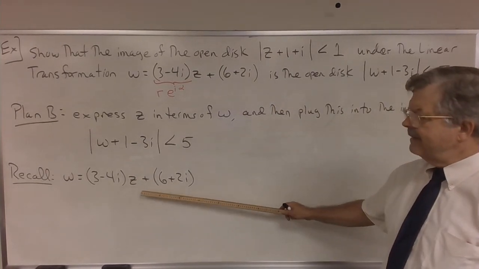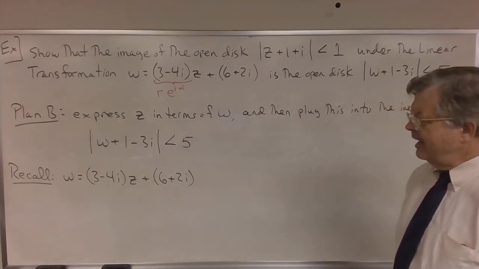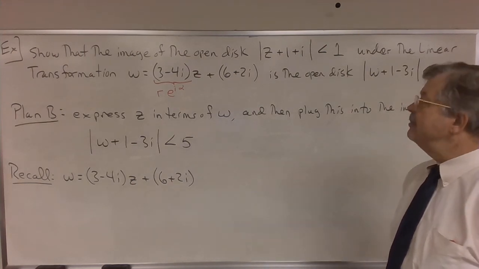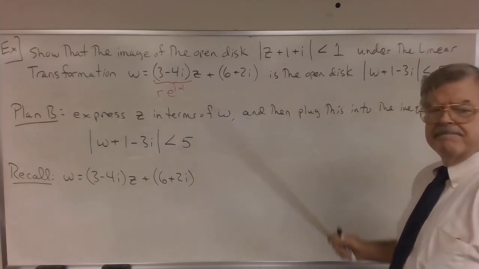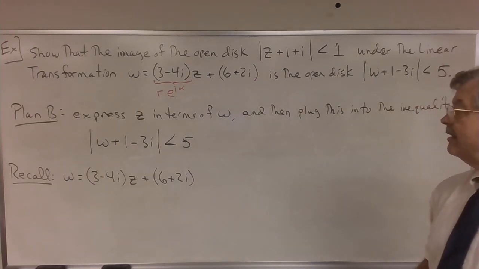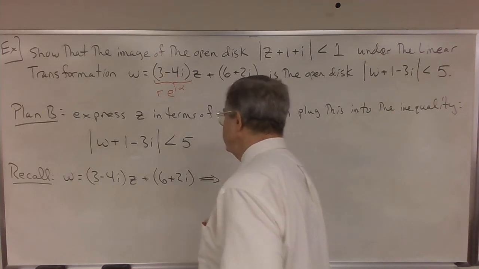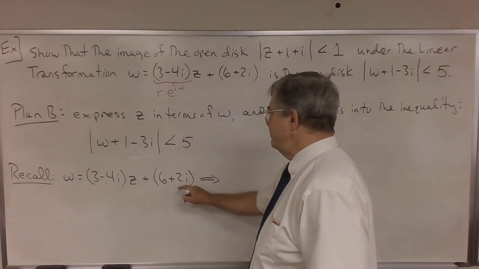So here's what I got. I have w in terms of z. I want to rewrite this so that I get z in terms of w, and I'm going to plug that into this son of a gun. So I guess the first thing I'll do is subtract this from both sides.